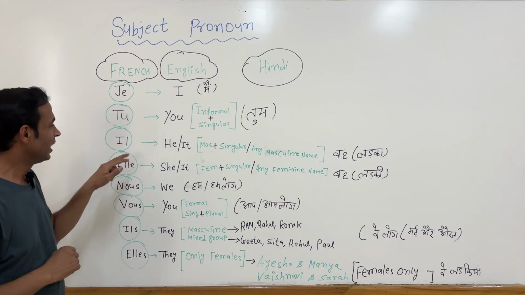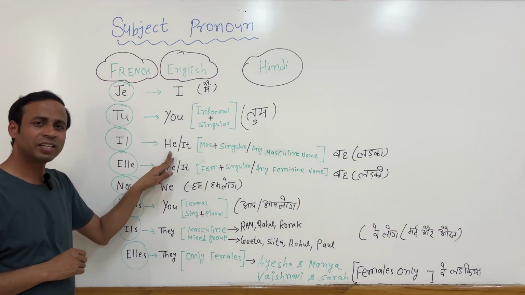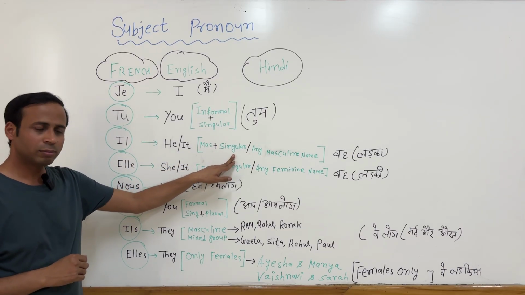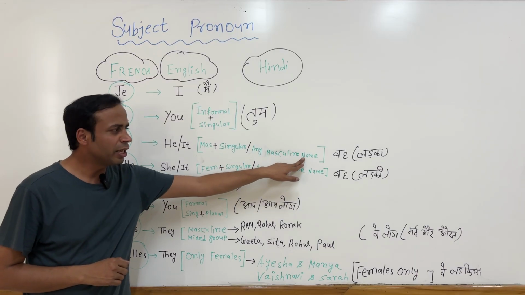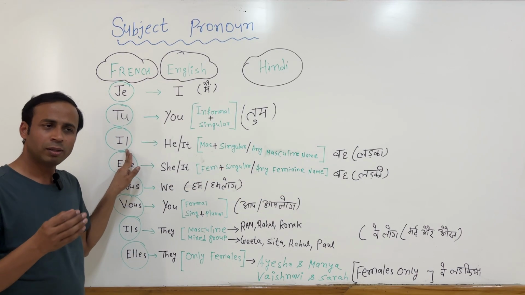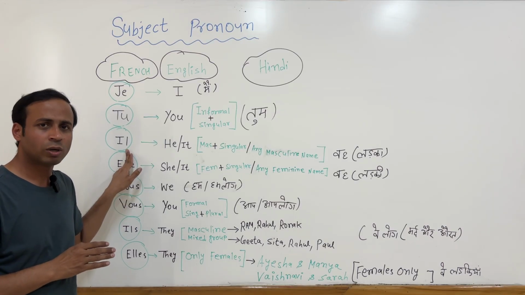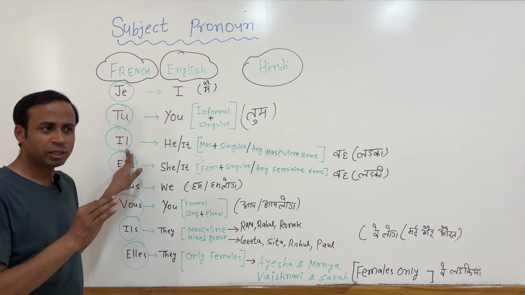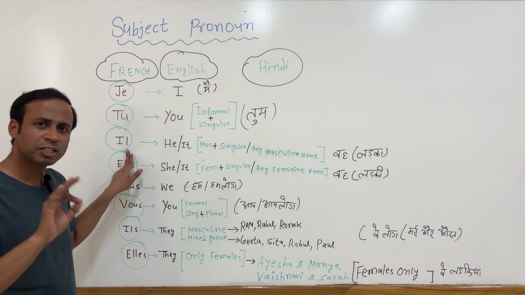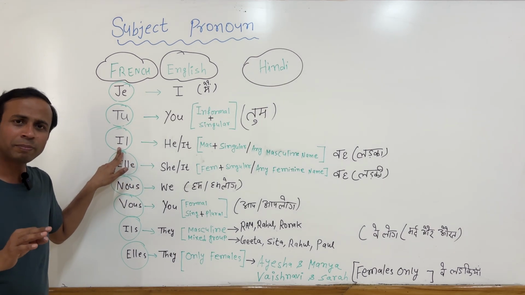All right. Next is il. Il means he and it. It is masculine, singular, or for any masculine name you can also use il. For example, if you are talking about Shah Rukh Khan, instead of repeating Shah Rukh Khan's name every time, you can simply replace his name by il.